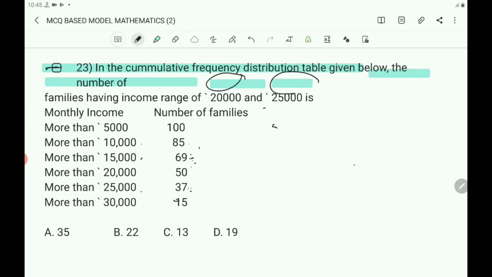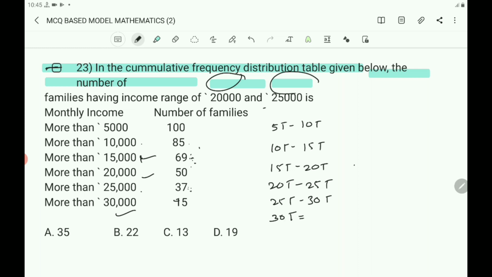First is 5,000 to 10,000, next 10,000 to 15,000, then 15,000 to 20,000, then 20,000 to 25,000, 25,000 to 30,000, and then 30,000 to 35,000.